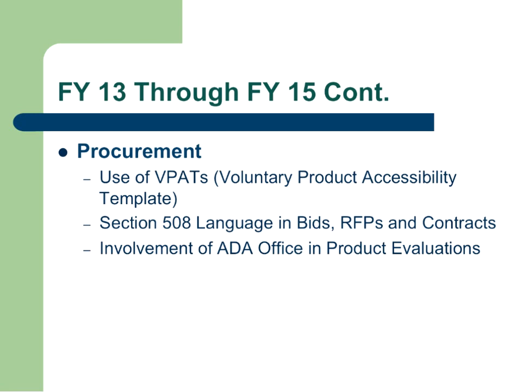We've had cases where we got a VPAT and someone came back and said, yeah, we're accessible. We bought the product only to find out later that what they said was accessible really wasn't accessible at all. So there had to be involvement from my office in looking at the product evaluations.